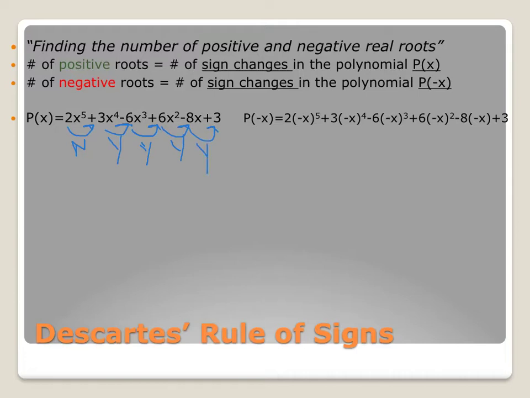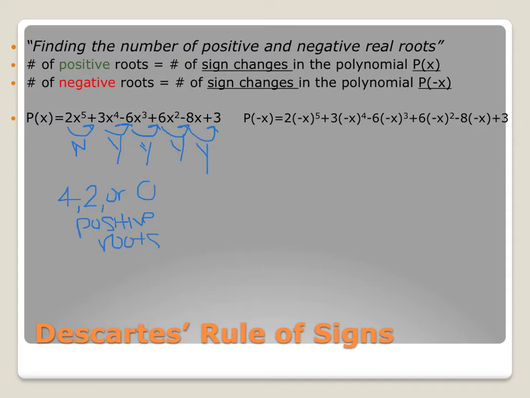So here there would be 4, 2, or 0 positive roots. We get the 2 and 0 because Descartes' rule of signs goes on to explain that it would decrease by an even number. Since we initially had 4 sign changes, it would either be 4, or decreased by 2, or 0.